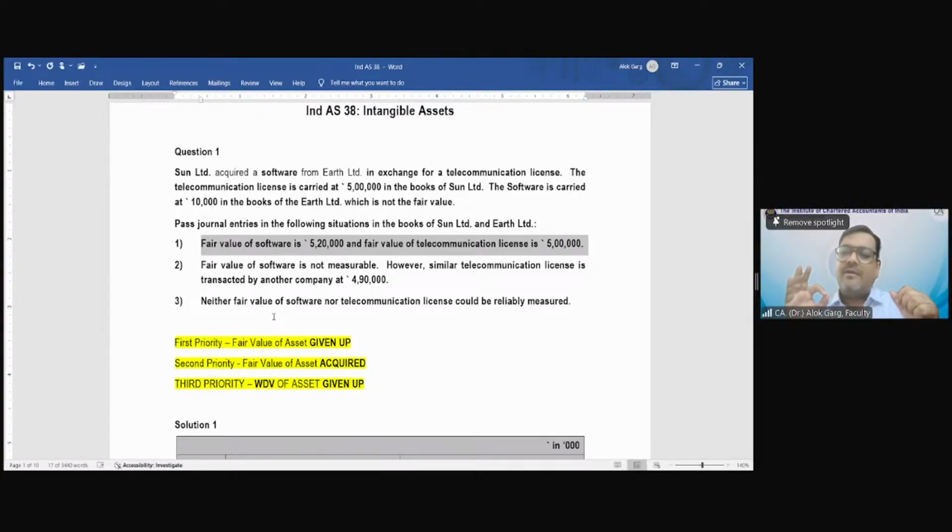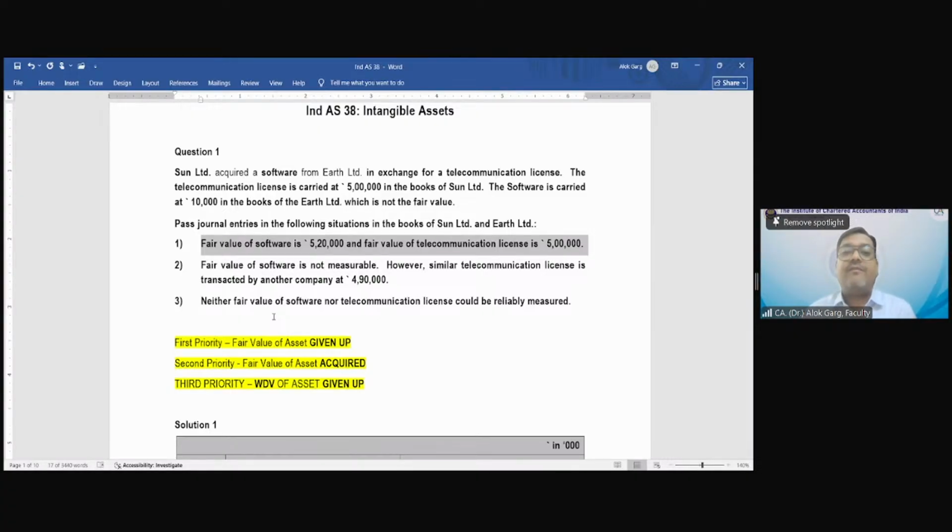And remember, the asset you are giving up will always be credited in your books at WDV, because you have to reverse it, de-recognize it at WDV. So to software 10,000, and the WDV of software is 10,000. And always the asset acquired has to be measured at the fair value of the asset given up.